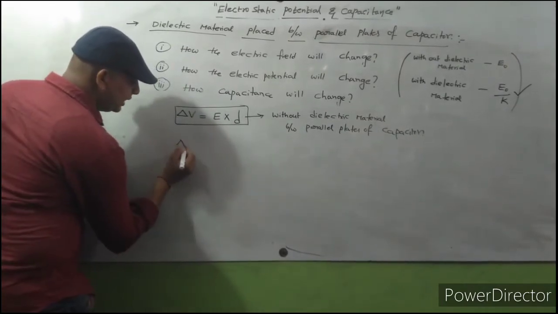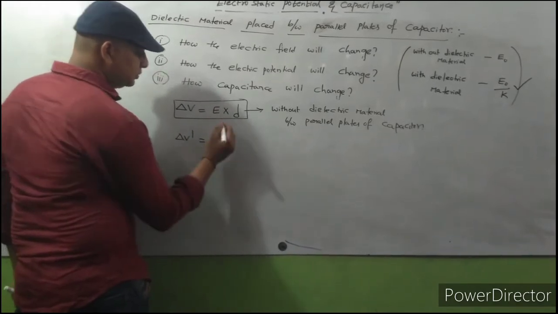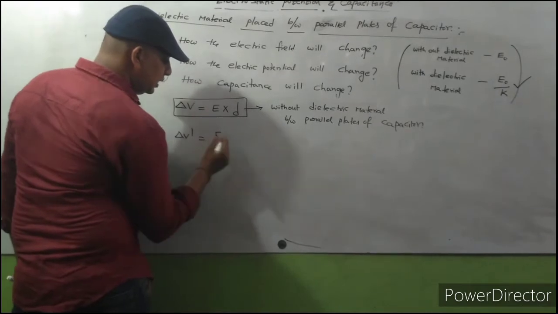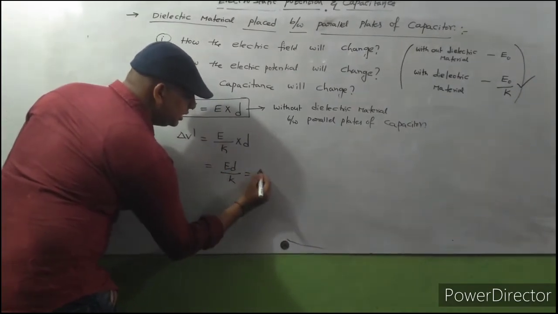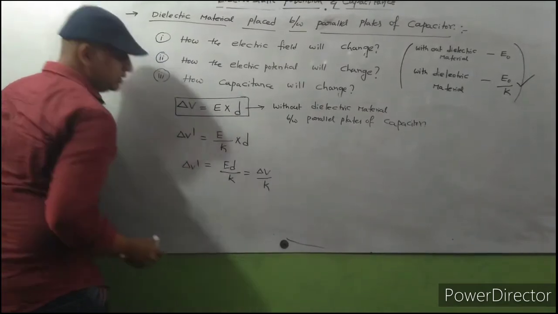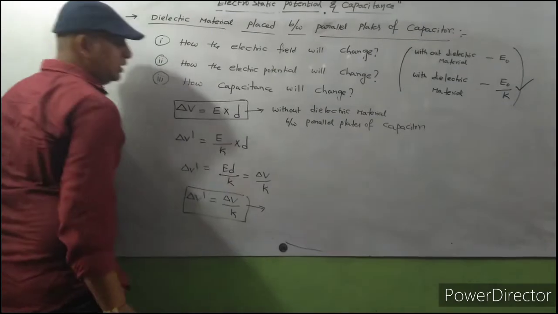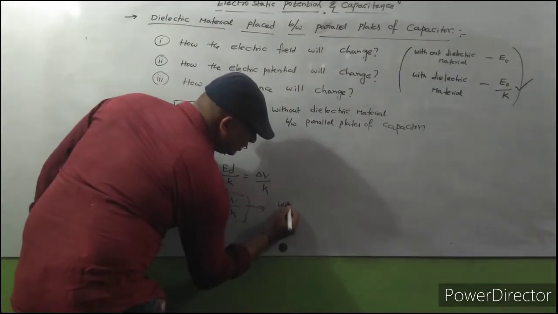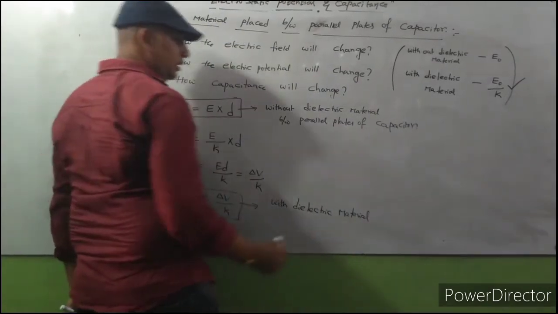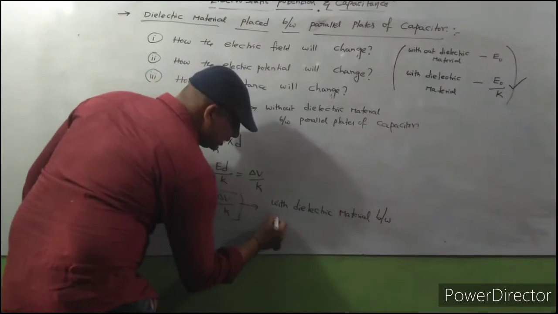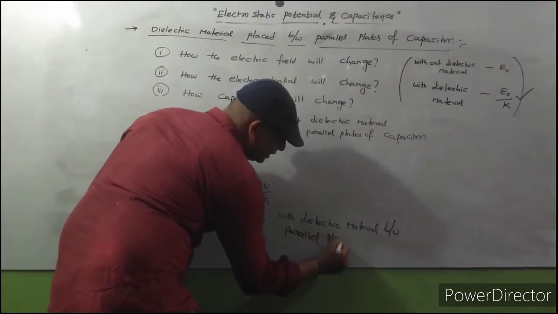Now the next value, I consider as delta V dash. So delta V dash is equal to E by K into d, that is nothing but Ed by K, that is nothing but delta V by K. So delta V dash is equal to delta V by K when we consider this with dielectric material between the parallel plate capacitor.